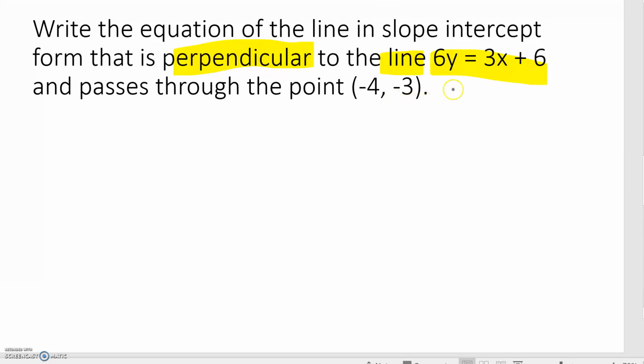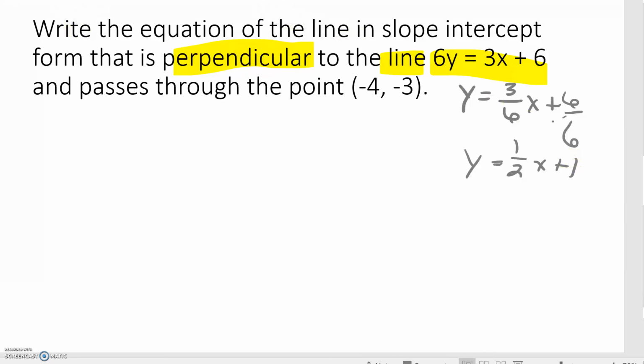So the first thing I need to do is solve for y. So I'm going to divide every term by 6. This leaves us with y is equal to 1/2 x plus 1.